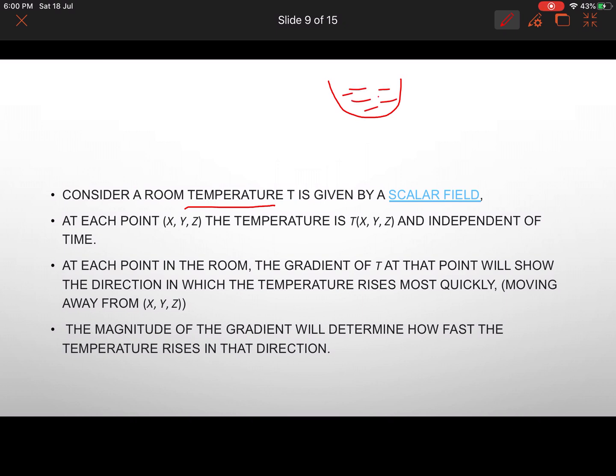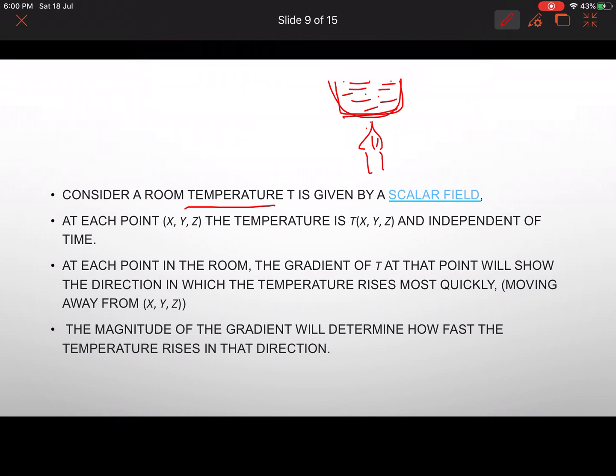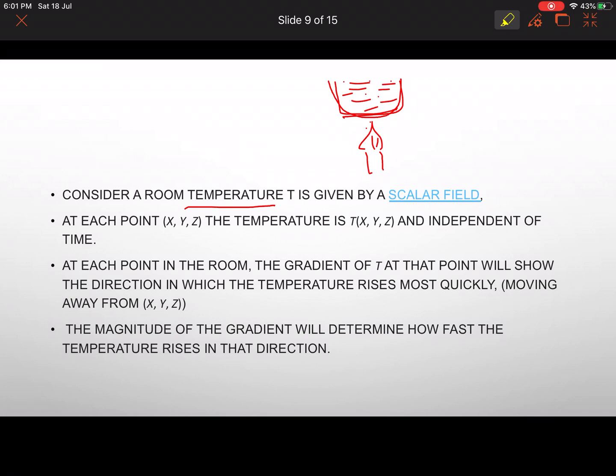Say this is a water filled container. In this water filled container, I am giving the flame. So what is happening? Initially the temperature is more over here, and it is lighter over here.